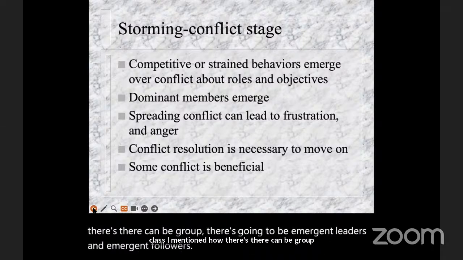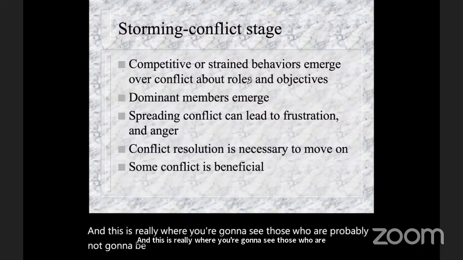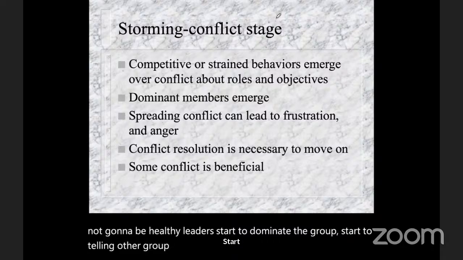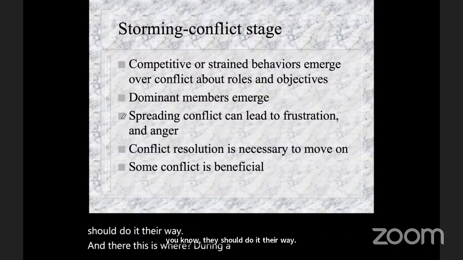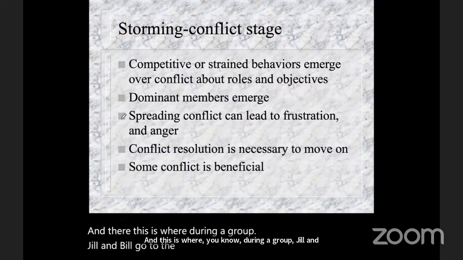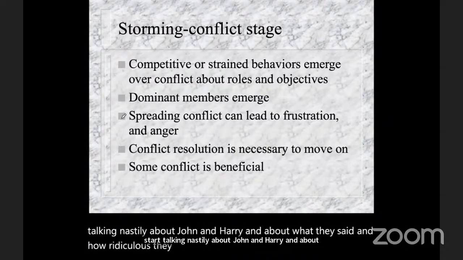And this is really where you're going to see those who are probably not going to be healthy leaders start to dominate the group, start telling other group members that they should do it their way. And this is where, during a group, Jill and Bill go to the corner and start spreading rumors, or start talking nastily about John and Harry, and about what they said and how ridiculous they are, because they're trying to form a clique within the group.